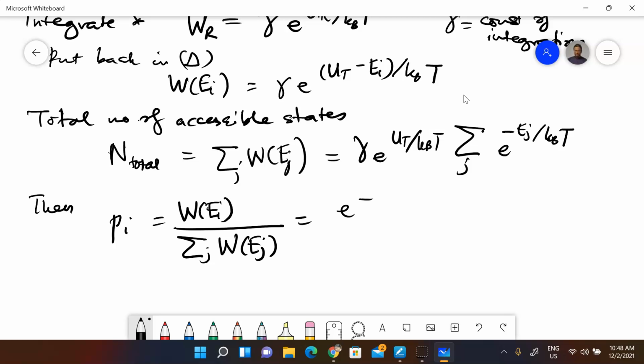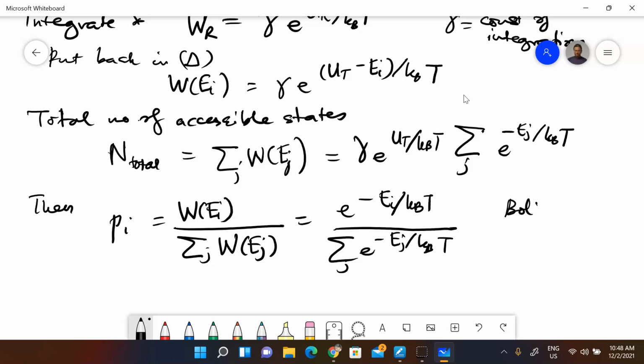This gives you e^(-E_i/k_BT) divided by the sum over j of e^(-E_j/k_BT). And this is essentially called the Boltzmann probability distribution.